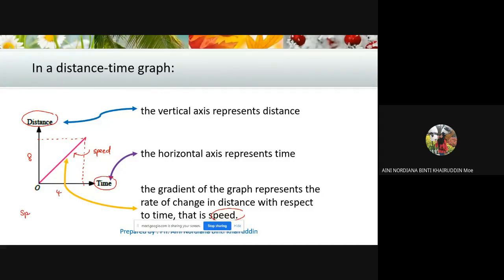So speed, cari speed, 8/4. Tu contoh macam ni. Okay, ini adalah gradient. Ingat ya. Paksi Y bahagi paksi X.